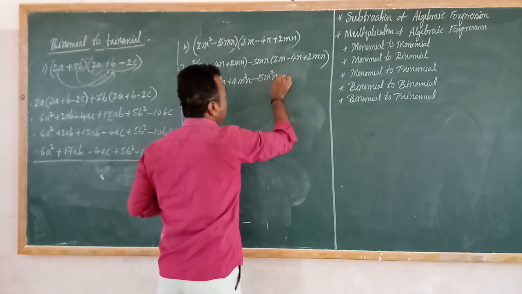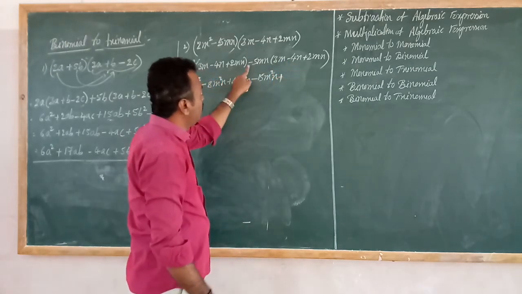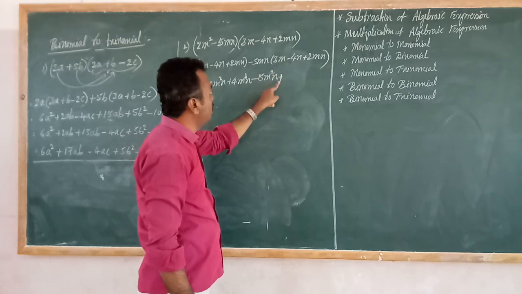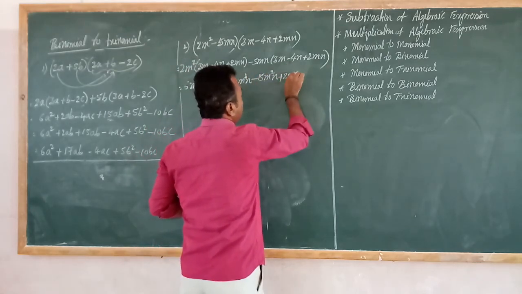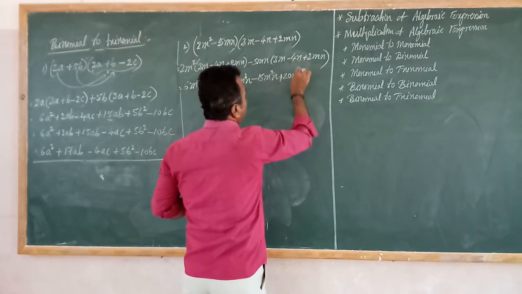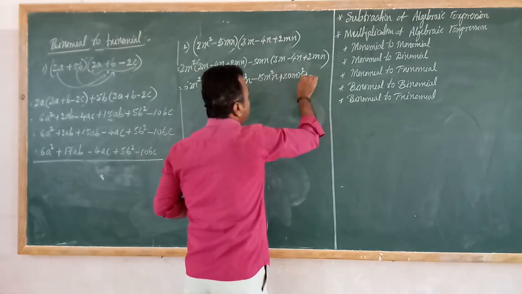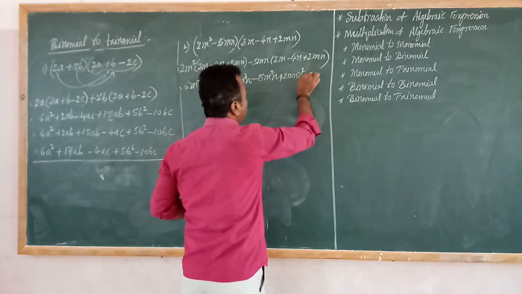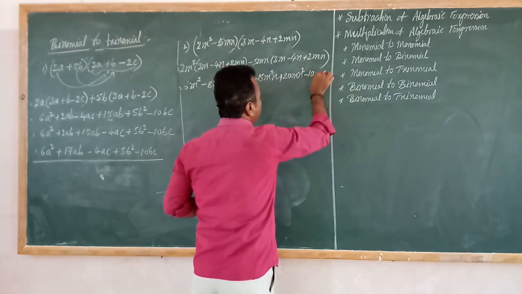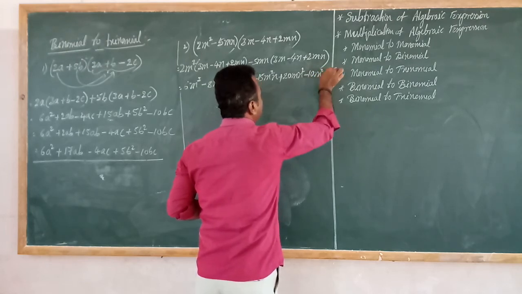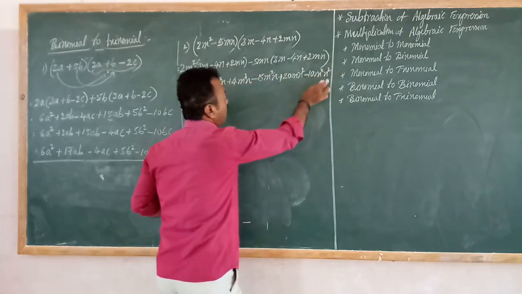Then minus into minus, plus: here minus, here also minus, minus into minus is plus, 5 4s are 20, m as it is, n into n square. Then minus into plus, minus, 5 2s are 10, m into m square, n into n square.